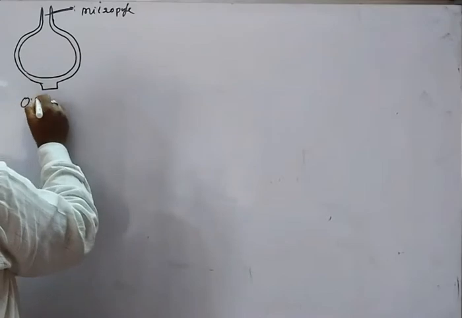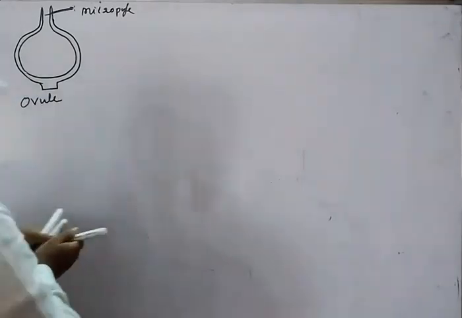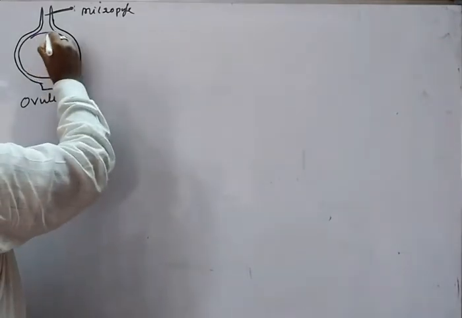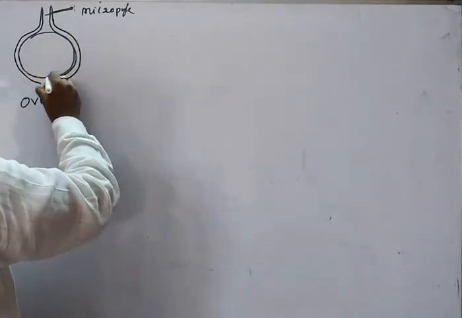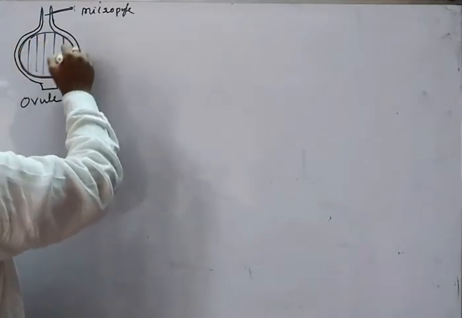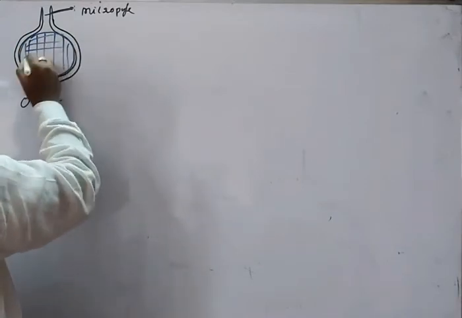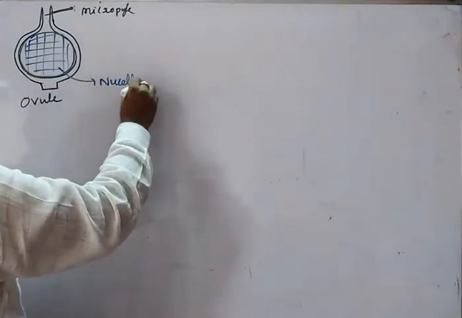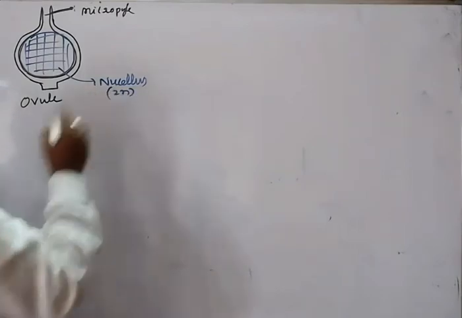This is the ovule, inside there is nucellus, this is nucellus, it is diploid.